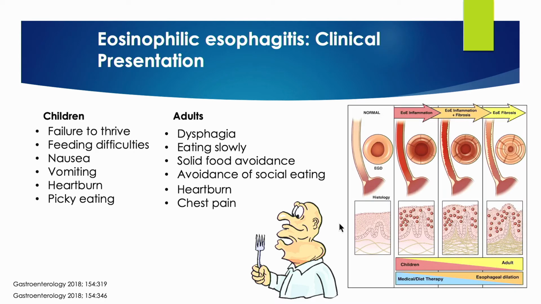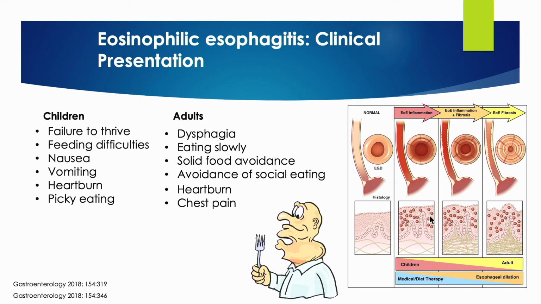Now, part of the reason for this is thought to be due to what we think the natural history of EOE is. Normally, the esophagus is very thin-walled. However, in EOE, as inflammation ensues over time, the inflammation leads to fibrosis and luminal narrowing that could be focal or diffuse.